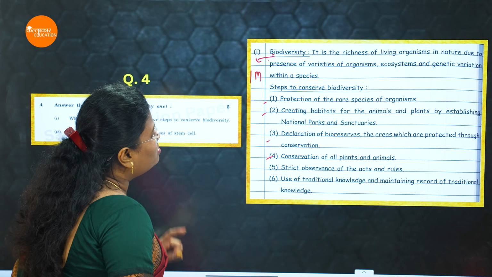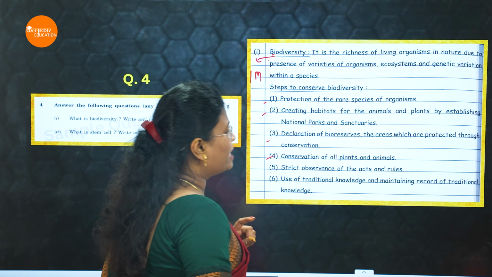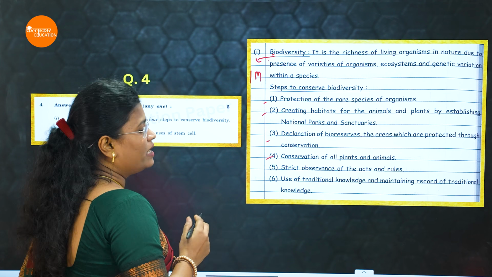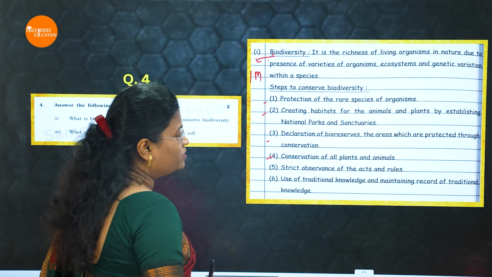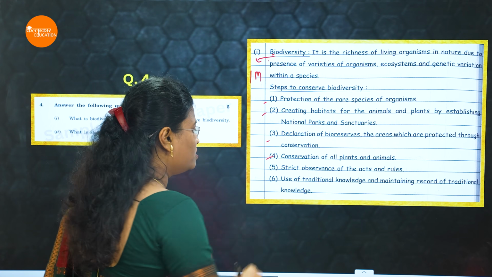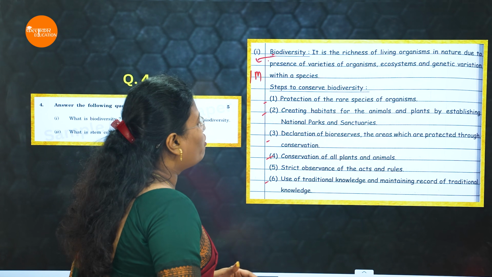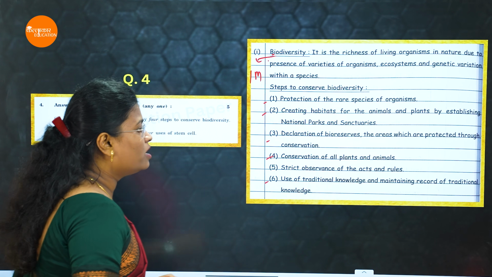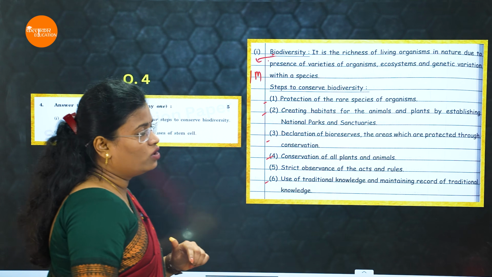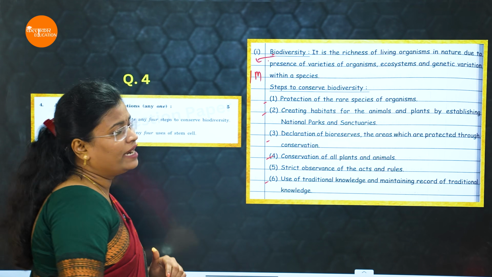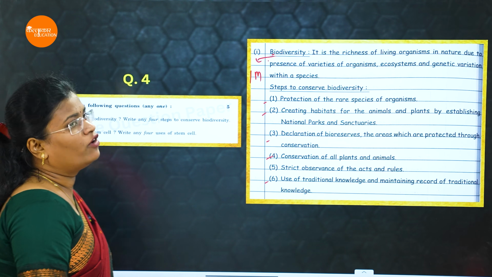Next one will be conservation of all plants and animals. Next point is strict observance of the acts and rules. And next one will be use of traditional knowledge and maintaining the records of traditional knowledge. According to that you can write the steps for getting 4 marks.